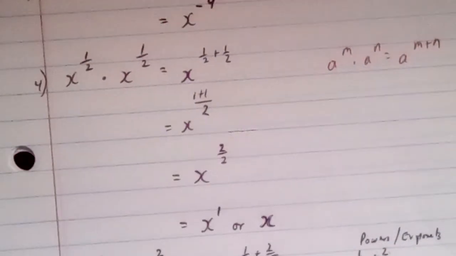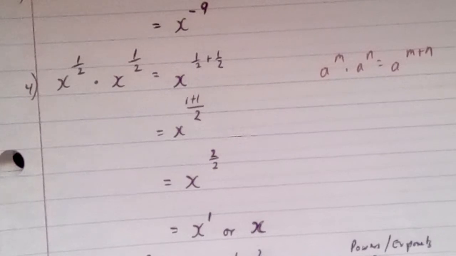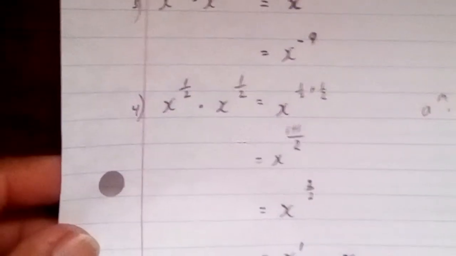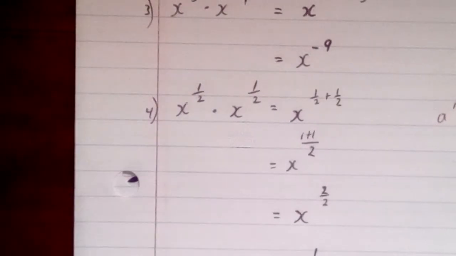Remember, all of these are still multiplying bases which are alike, but we have exponents. So let's go with ones where we have done the unlike denominators. Let's go to ones where we have mixed bases.